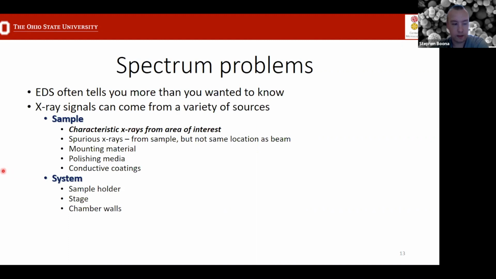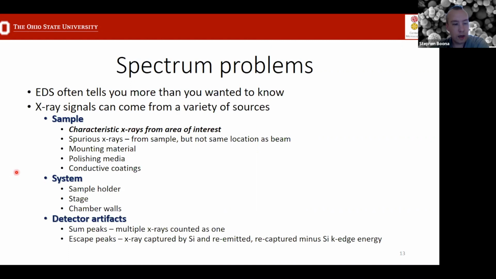The microscope system itself can also contribute X-rays. So the sample holder, the stage that the sample is on, and the chamber walls, you can potentially get X-rays from those places. And the detector itself can cause problems if you have artifacts. Two that are especially well-known and common are what are called sum peaks, where two X-rays are counted essentially as one because of the timing between when they hit the detector.